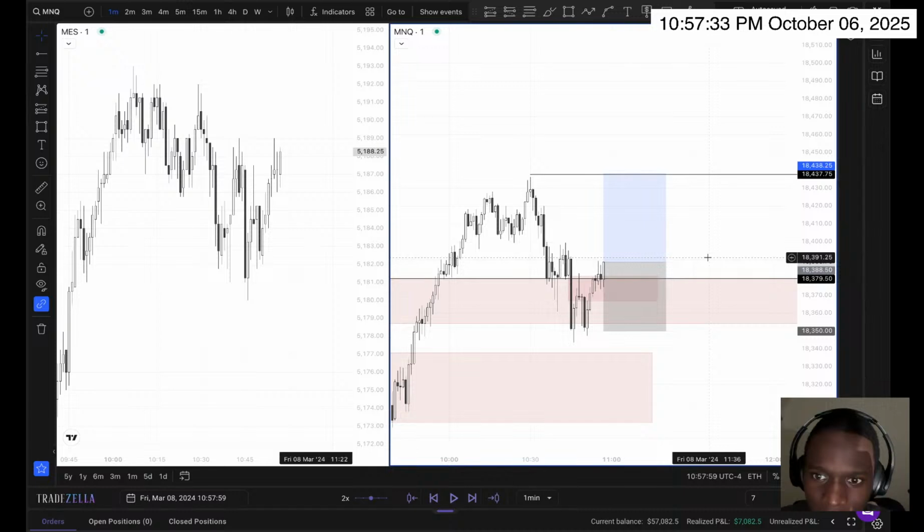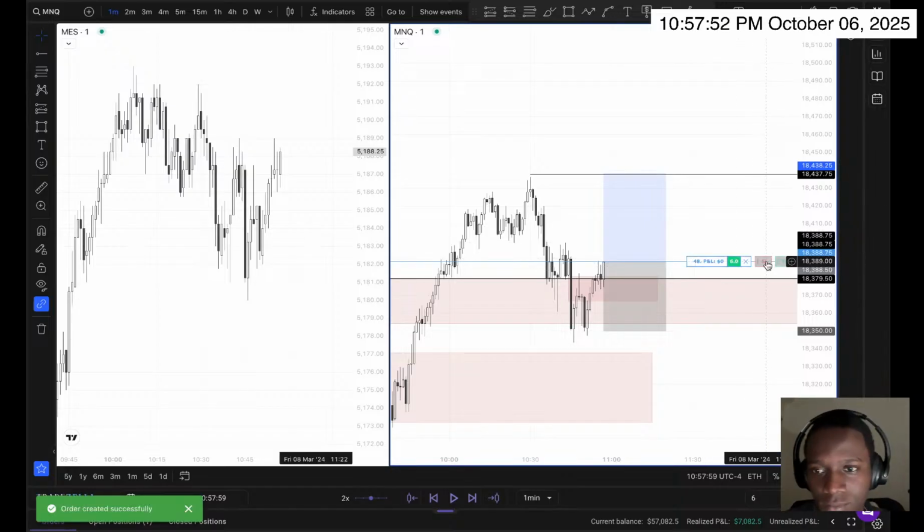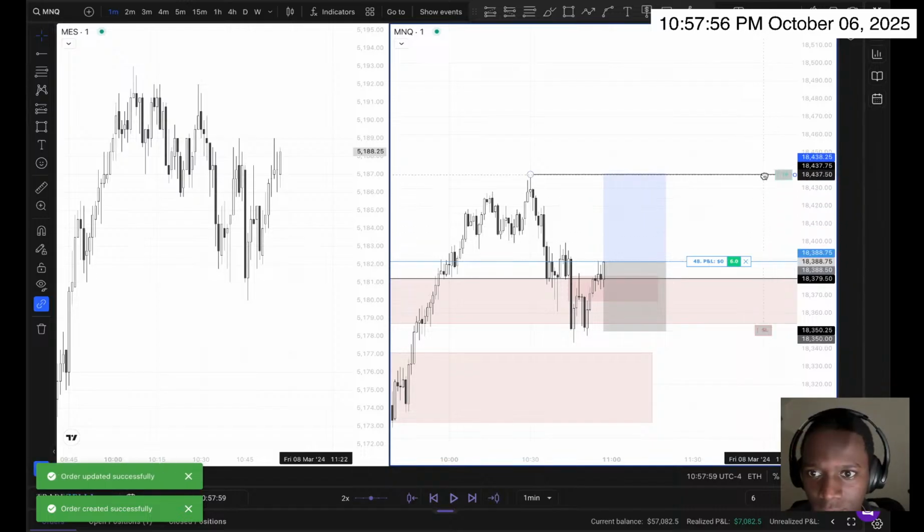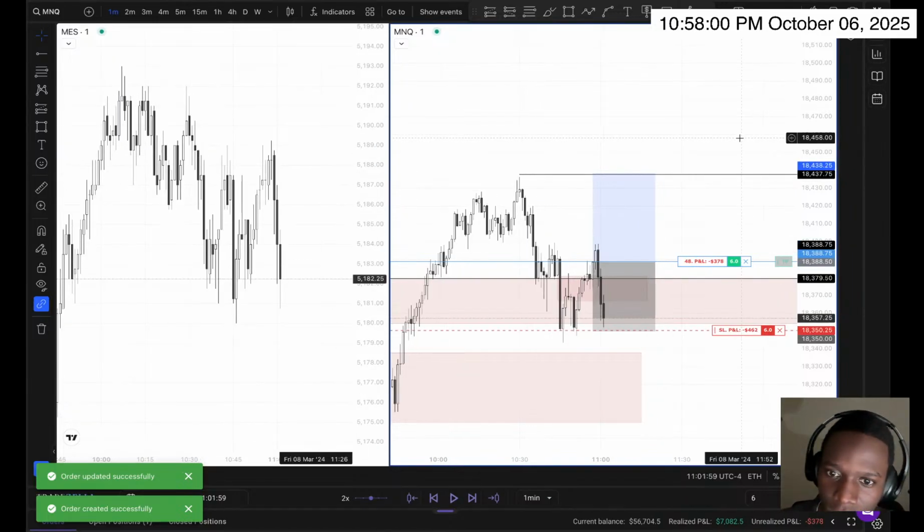From here to here it's 38, so 38 times 2 is 76, 500 over 76. That's 6.5. Buy this. This will be the take profit right there. Stop loss. Boom.